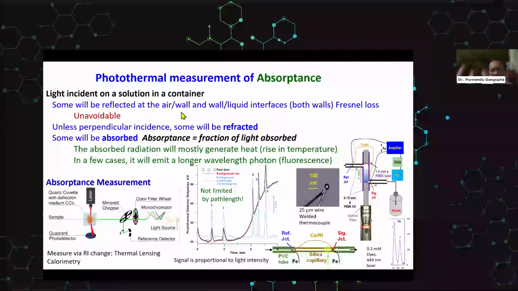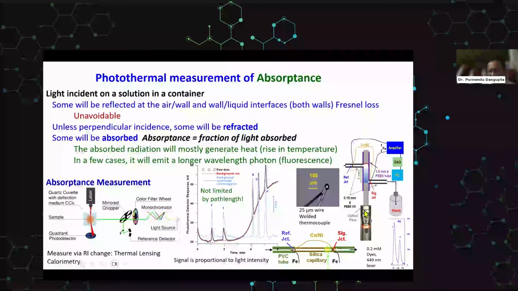And here is an altogether different one, a photothermal detector. Here, what we're going to do is measure the heat that's generated upon absorption of light. Okay, so imagine this is your flow cell, and I have a thermocouple here as the liquid enters, and I'm shining light through here.